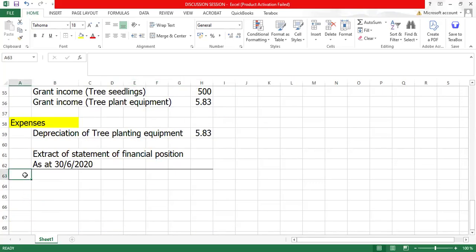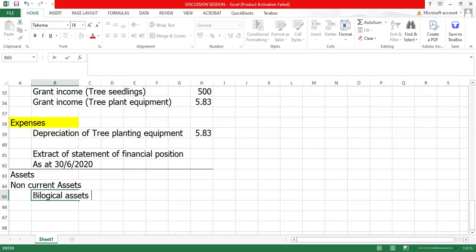So it means that here we have non-current assets, and with non-current assets, you will have your biological assets. These ones relate to tree seedlings. This was 500 million.